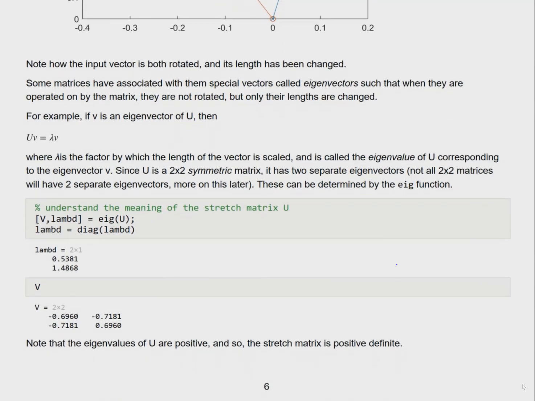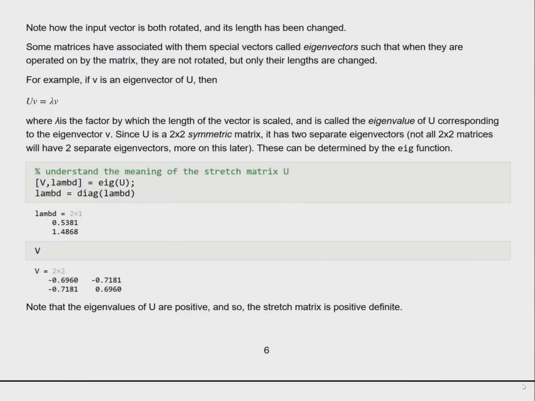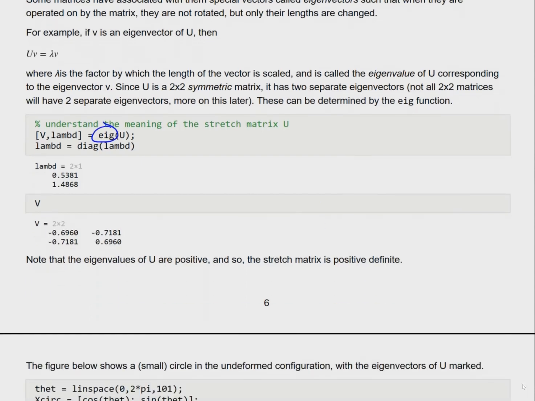And these eigenvalues and eigenvectors can be computed using the eigen function in MATLAB. So you have access to this live script, and you should experiment with it yourself as well. So the eigenvalues are shown here, and the eigenvectors are shown here.